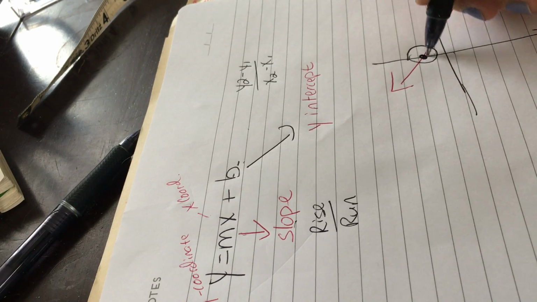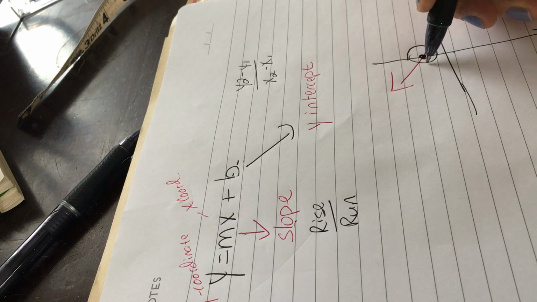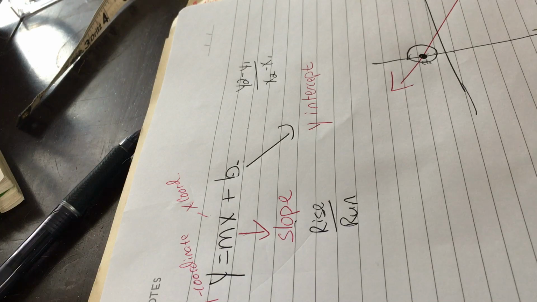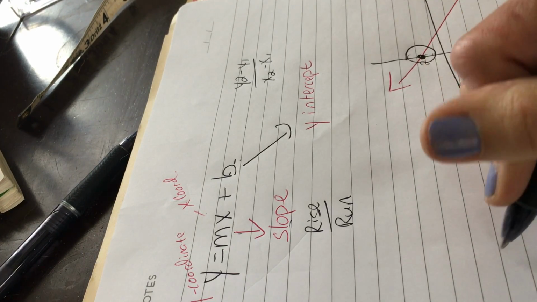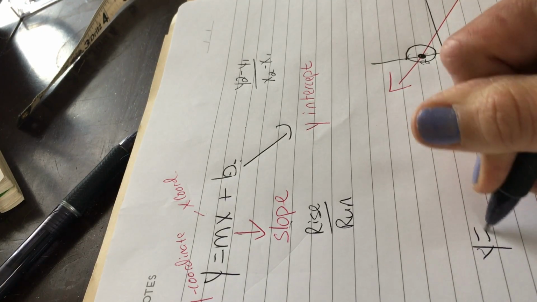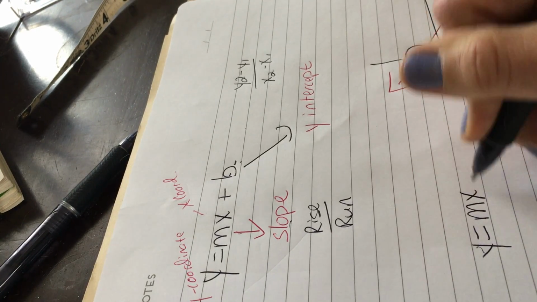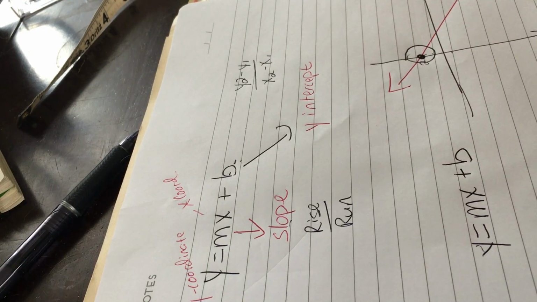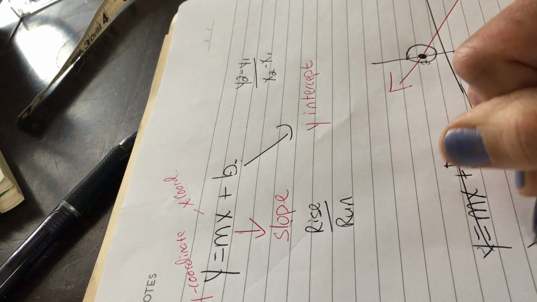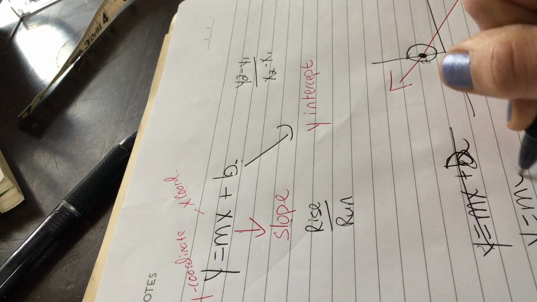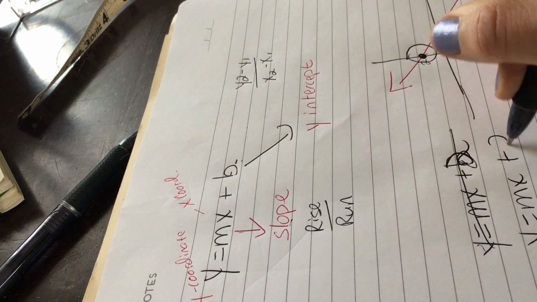So let's say this is 2. So if that's the only thing I knew, I could write y equals mx plus 2.